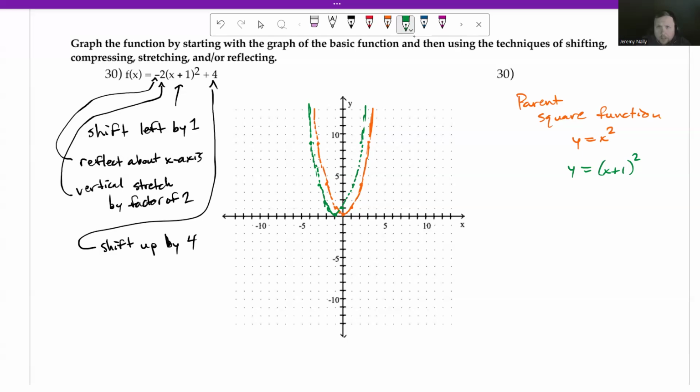Okay. Next, let's see. You could either do the reflection or the stretch next. I'll go ahead and do the stretch. So we're just multiplying all the y values by 2.